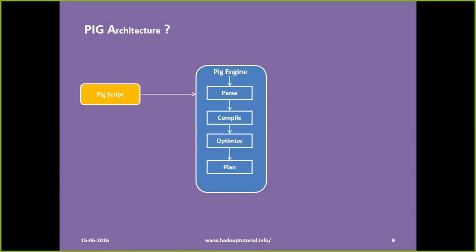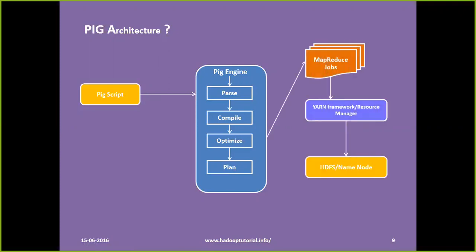So once this is converted into MapReduce tasks, these MapReduce jobs will be submitted to your YARN framework, the resource manager. And from here onwards, we know that anatomy. The resource manager will identify one node manager and on that it launches the application master.